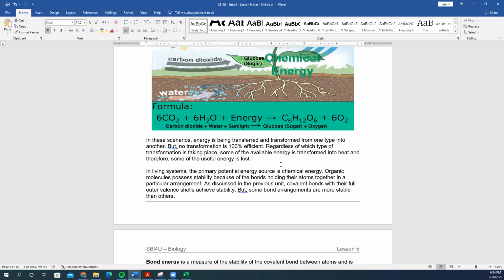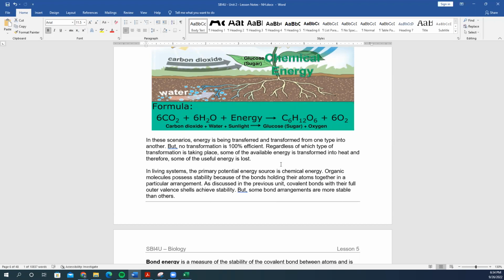And as we talked about in our last unit, whenever you have these covalent bonds, they are quite stable because they have their full outer valence shell, therefore they are very, very stable. But sometimes you have some bond arrangements that may not be as stable as other ones.